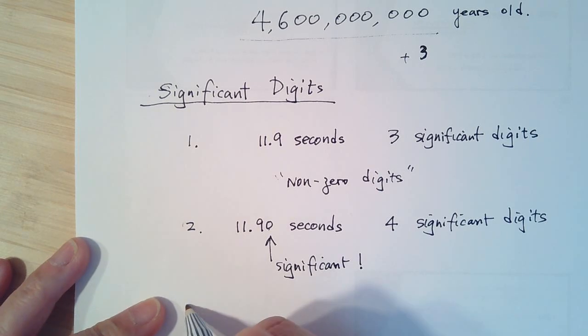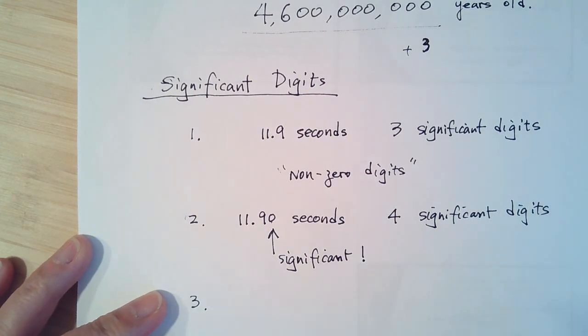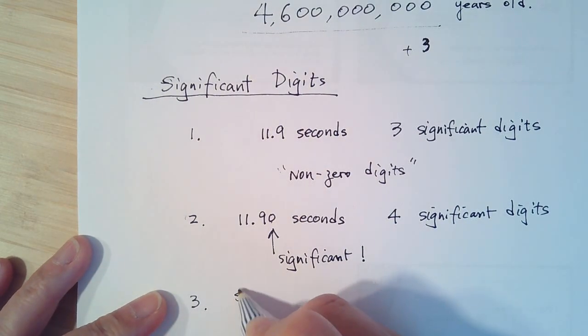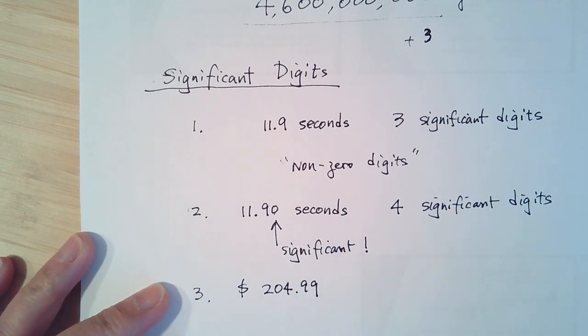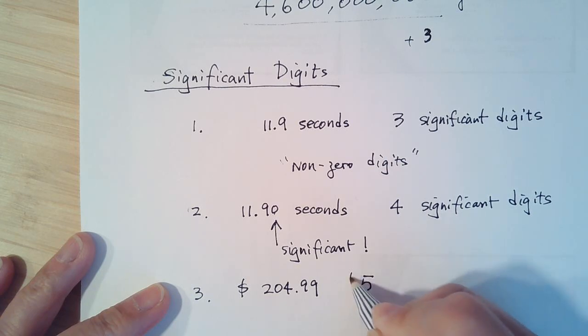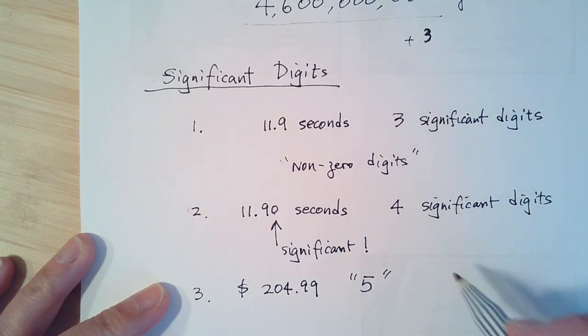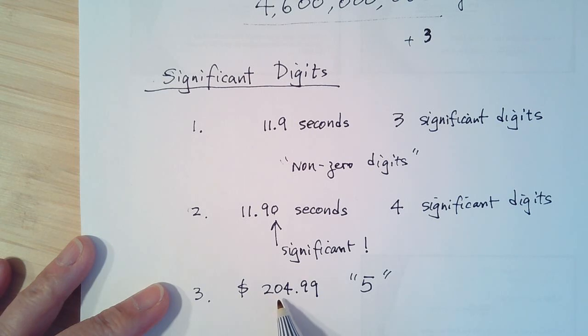Now let me give you another example. What about this one? When we talk about a dollar amount, 204.99. How many significant digits? 5. You might say, wait, there's a zero here. Yeah, but this zero is in the middle, so it's also counted as significant.